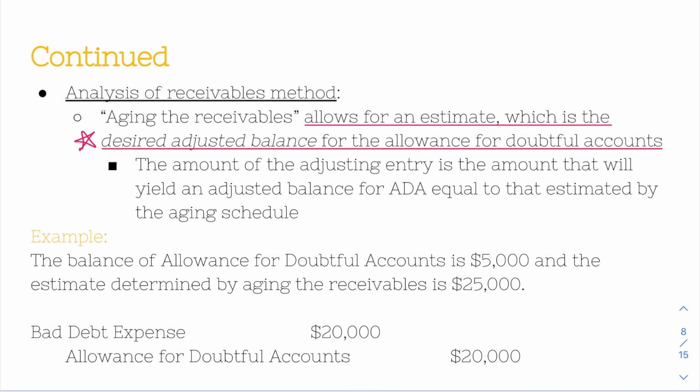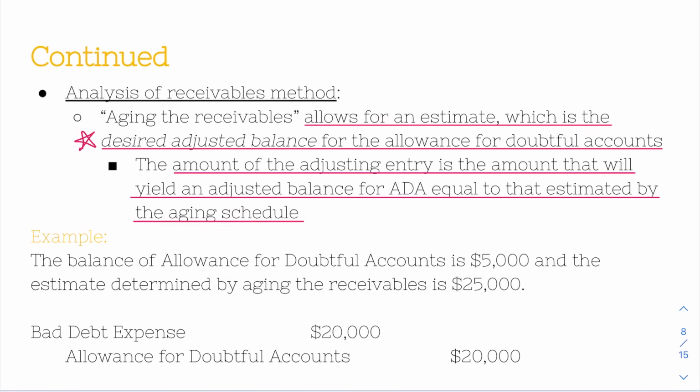So really important is that the amount of the adjusting entry is the amount that will yield an adjusted balance for allowance for doubtful accounts equal to that estimated by the aging schedule. So it makes more sense if I explain it with the example, but basically this method is getting you the value of allowance for doubtful accounts, whereas percent of sales was getting you the value for bad debt expense.